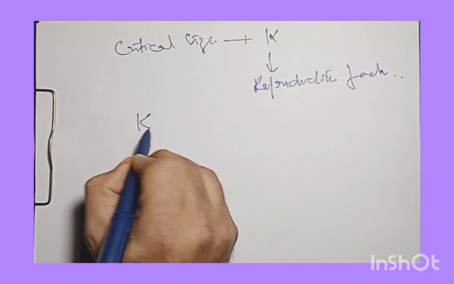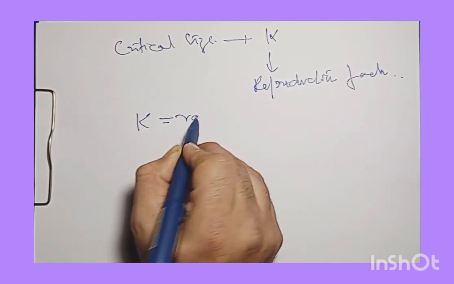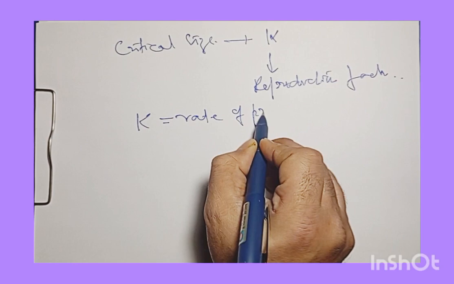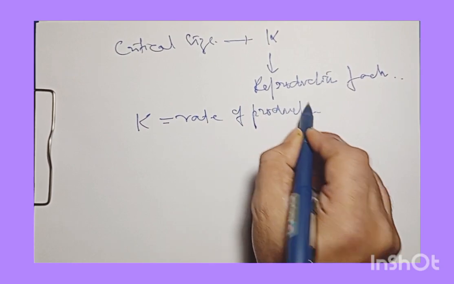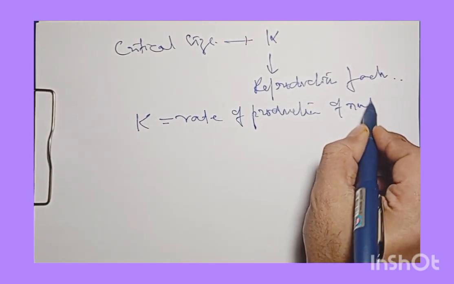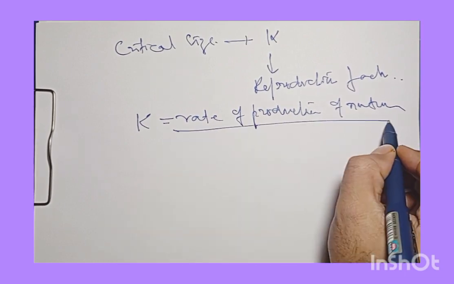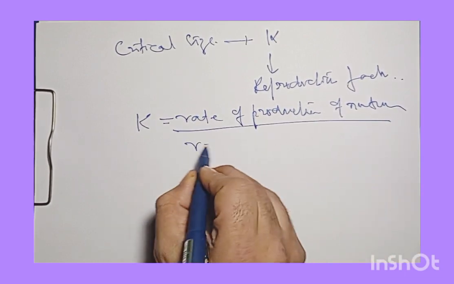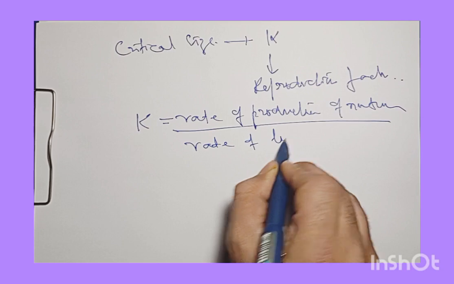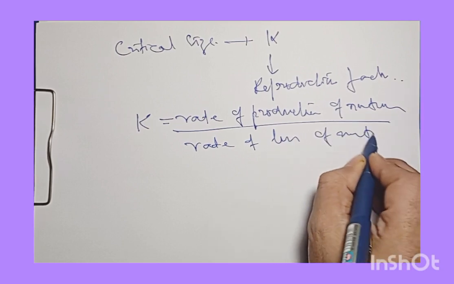Now, this K is what? It is basically the rate of production of neutrons divided by the rate of loss of neutrons.